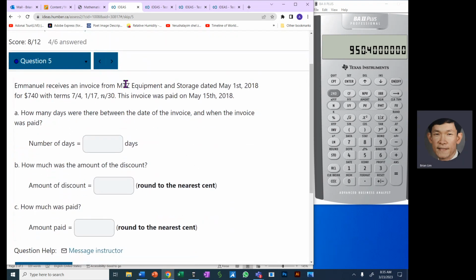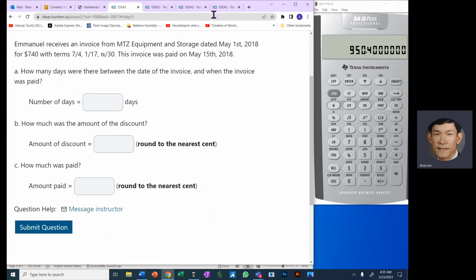Emmanuel receives an invoice from MTZ Equipment and Storage dated May the 1st, 2018 for $740, and these are the terms. So 7% if paid in 4 days, 1% if paid after 4 days, but within 17 days from the date of the invoice.